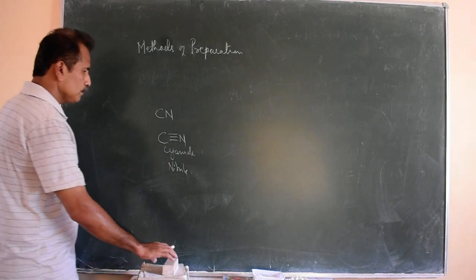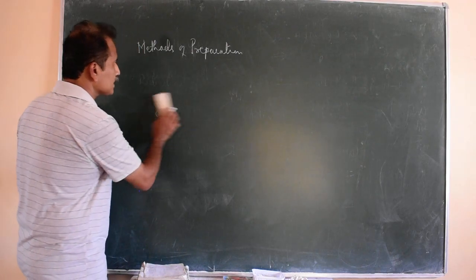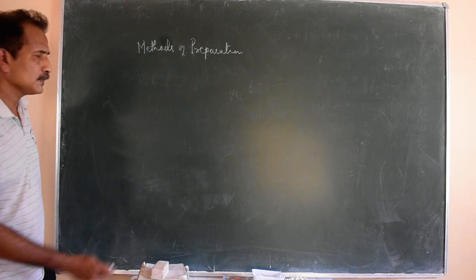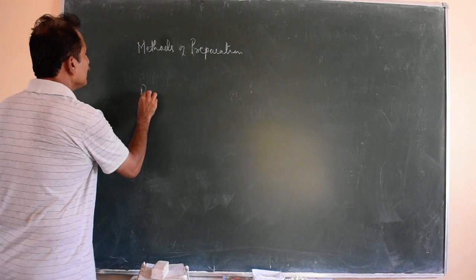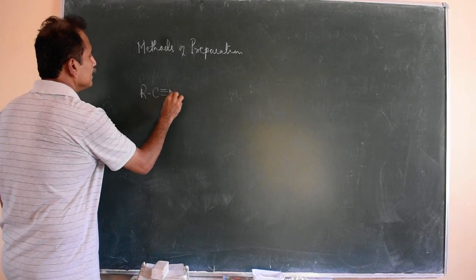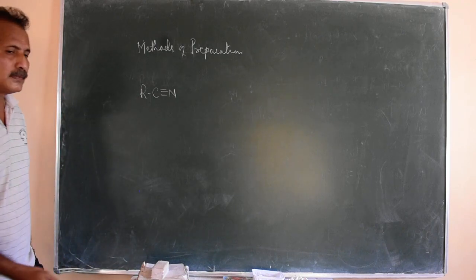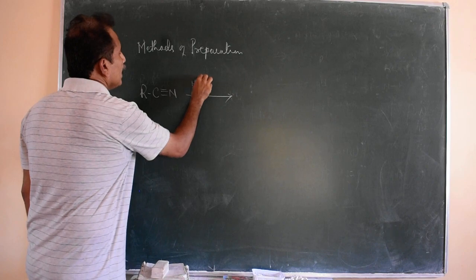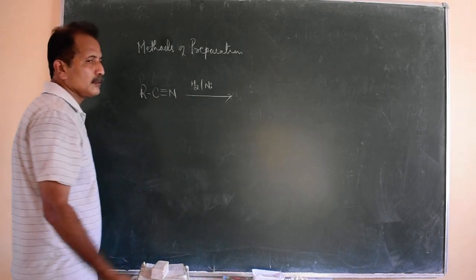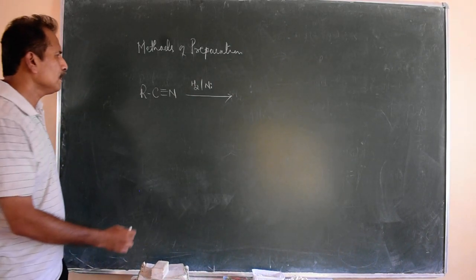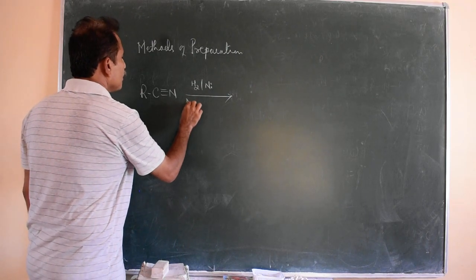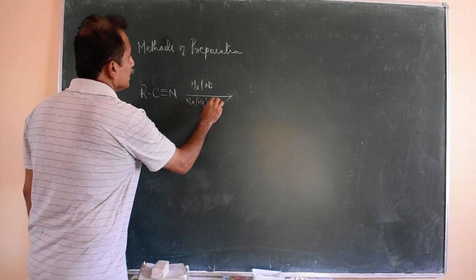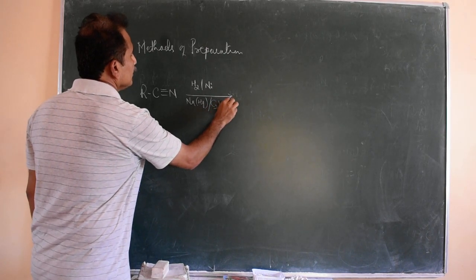So, how do you convert these nitriles or cyanides into amines? Again by reduction. Okay, so you write R-C triple bond N. Now reduce using H2, nickel or palladium, and a little bit of sodium or mercury amalgam in C2H5OH.